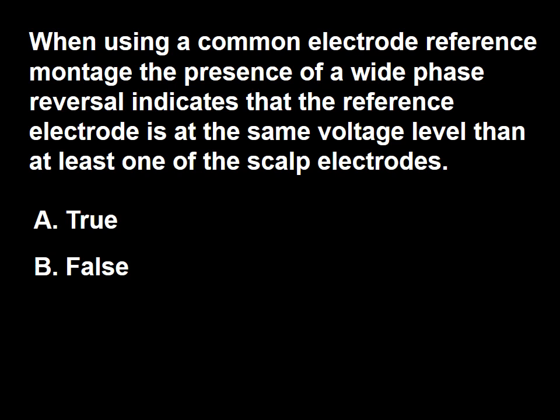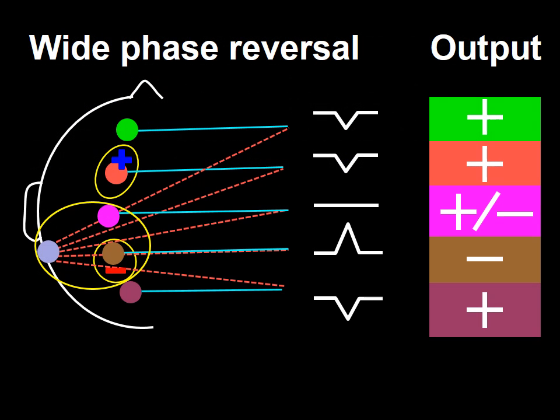Next question. When using a common electrode reference montage, the presence of a white phase reversal indicates that the reference electrode is at the same voltage level as at least one of the scalp electrodes. A true, B false. This frame depicts a white phase reversal due to a horizontal dipole.